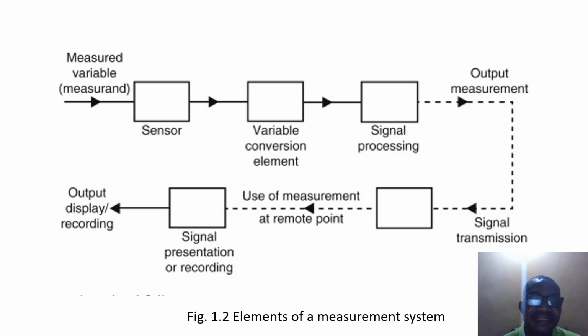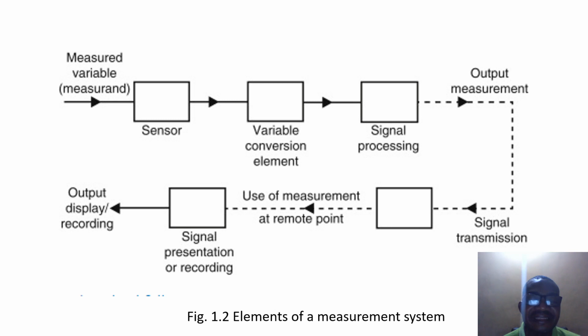Here is another block diagram that shows the elements of a measurement system. We can see the measured variable, which is the measurand that they are trying to measure, for instance, body temperature or blood pressure. The measurand is the quantity that you want to measure.